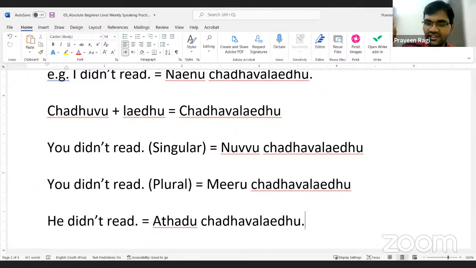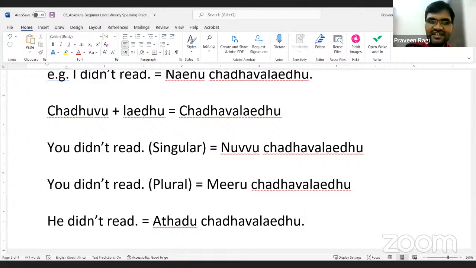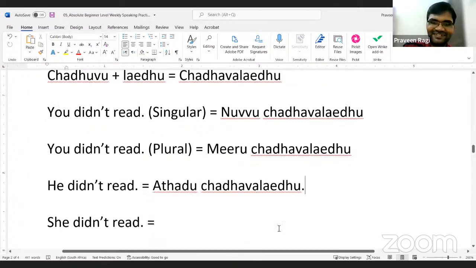So that ru, du, mu will change according to the subject when we use ability-related forms like cannot. That's the reason we don't change here for simple past tense, because otherwise there will be a conflict. So we have to maintain the difference.